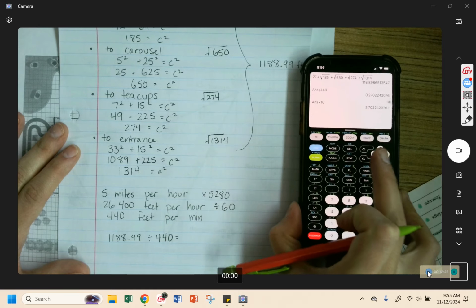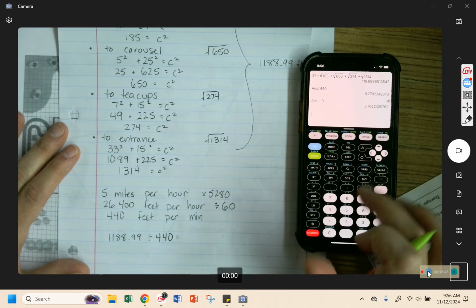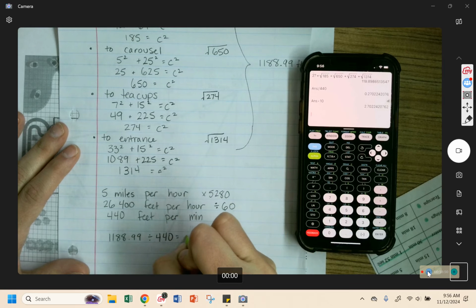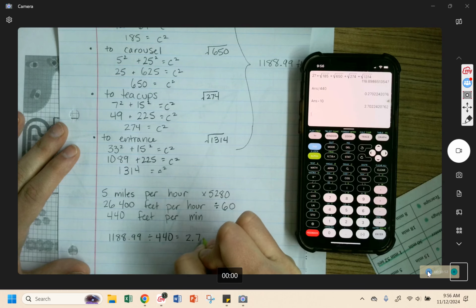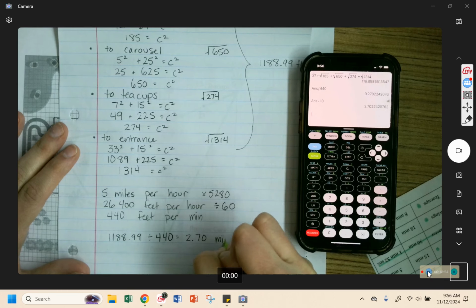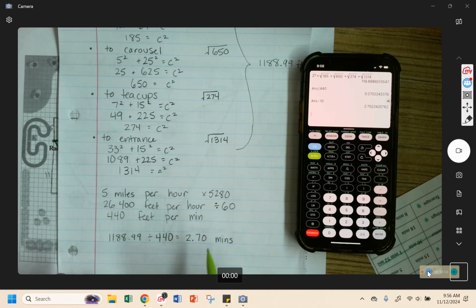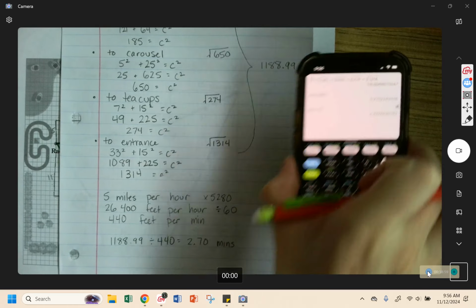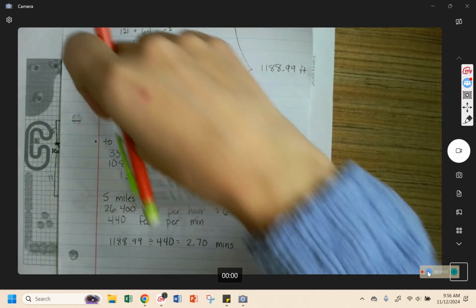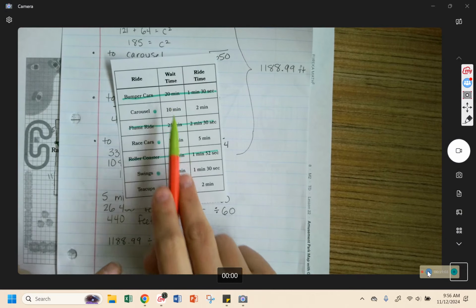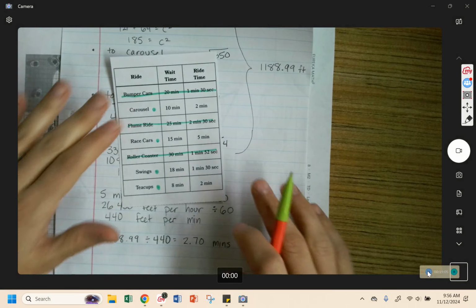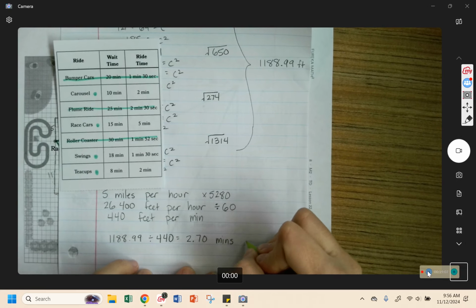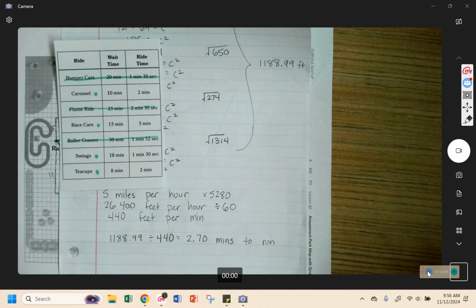But don't forget I have 10 times that amount, so actually it should say 2.70 minutes. So a very short amount of time comes from actually traveling between them. The most amount of time is going to be waiting in line for these rides and the actual ride times. So this is to run around the park.